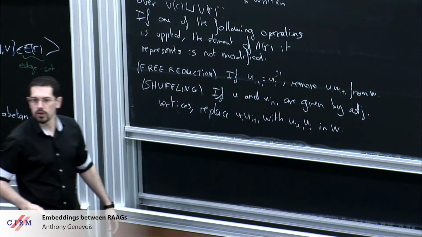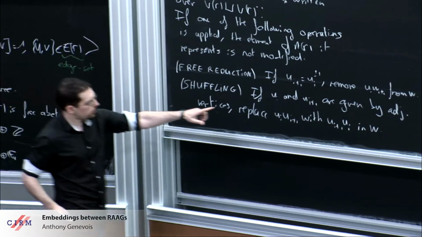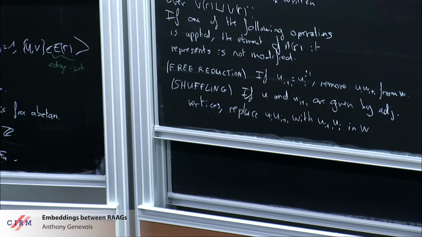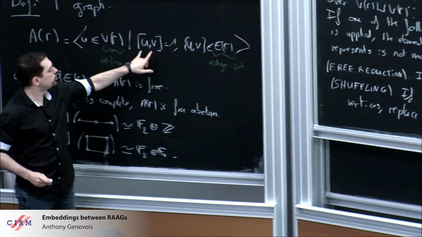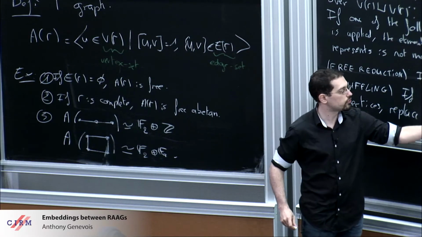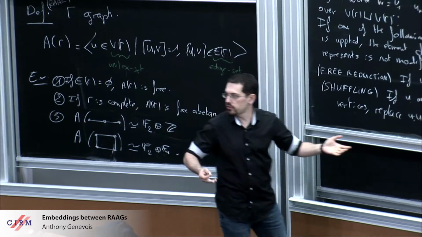So if u_i and u_{i+1} are given by two adjacent vertices, I know just from the presentation of the right-angled Artin group that the two generators commute. So if I just commute the two letters in the word, it will represent the same element.